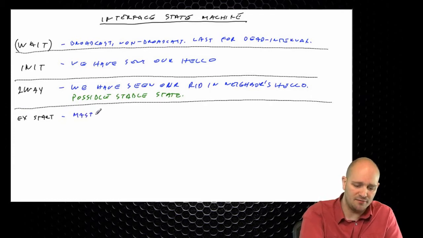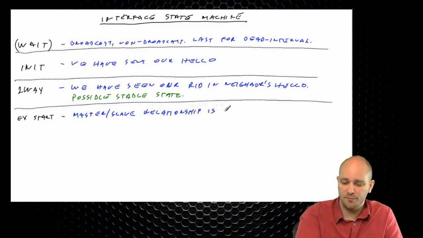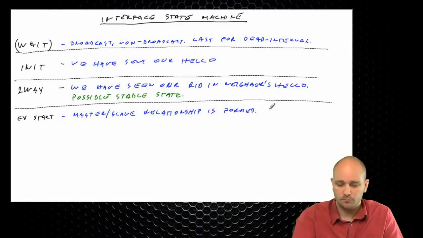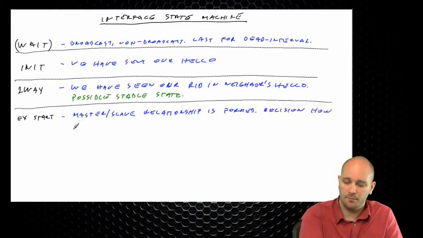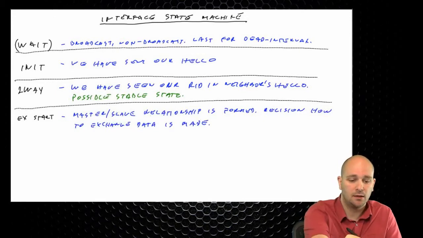A master-slave relationship is formed, and a decision how to exchange data is made. Now, let me explain this a little bit.